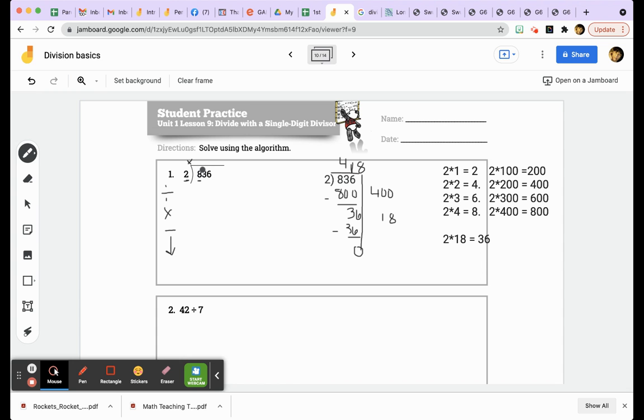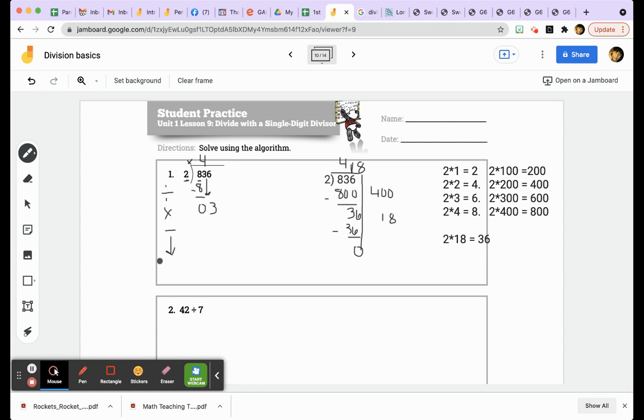And 2 will go into 8 4 times. Multiply back. 4 times 2 is 8. Subtract. 8 subtract 8 is 0. After I subtract, I bring down. And I'm going to write the 3 next to the 0.